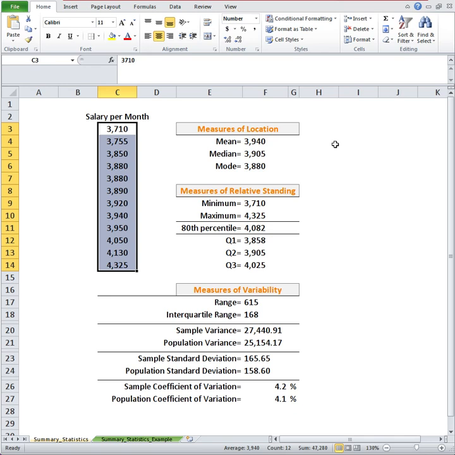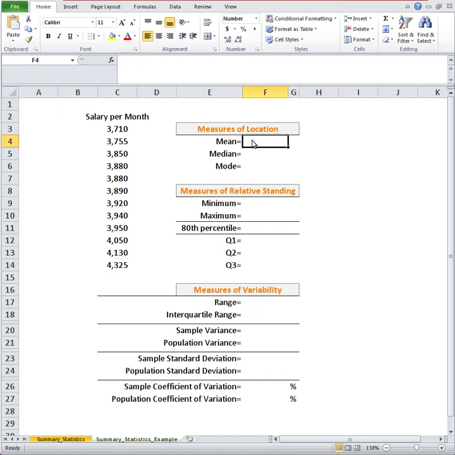This information is already sorted from the lowest to the largest, and to do these computations I am going to fill up each of these different formulas in Excel.